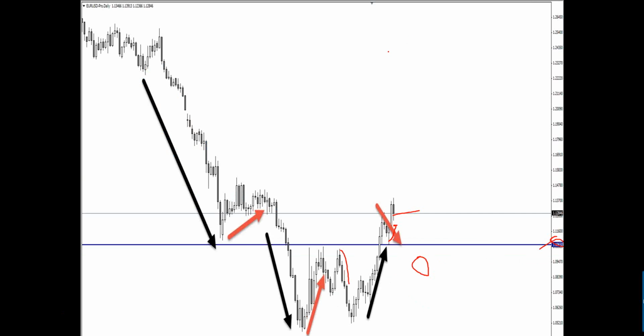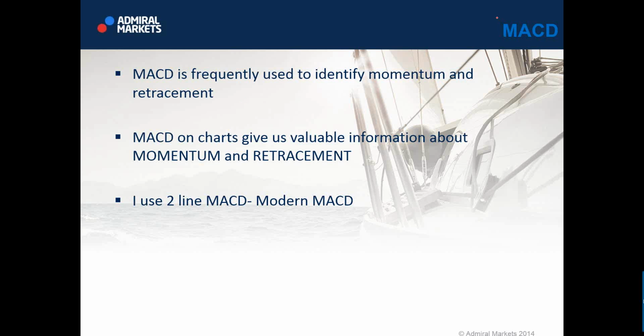Now, if you don't know how to read Heikin-Ashi or you don't know how to read price action, that is why we are here, Chris and I, and other analysts at Edinburgh Markets who can help you in your trading decisions. Of course, I will show you now how you can use MACD to identify momentum and retracement.